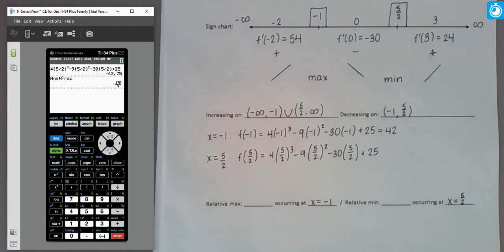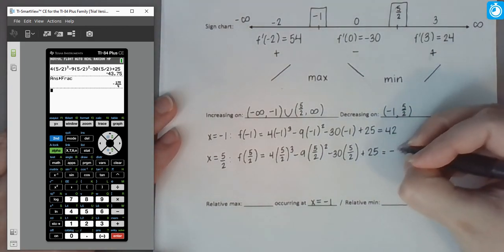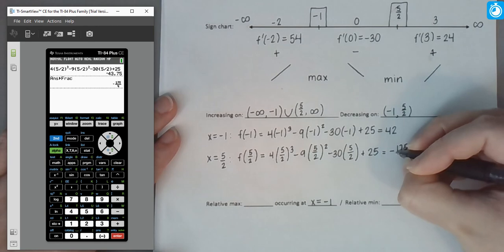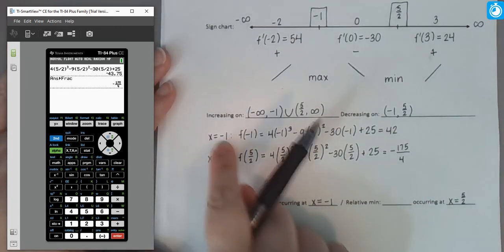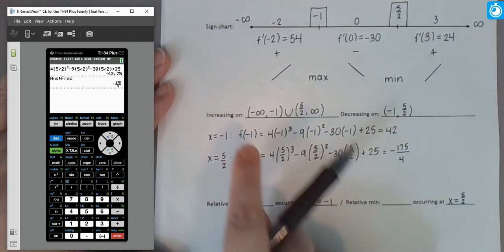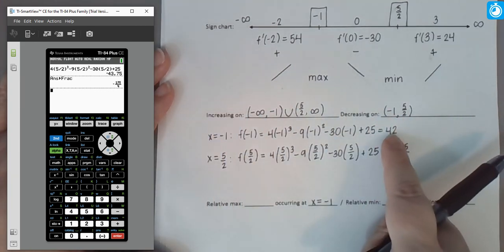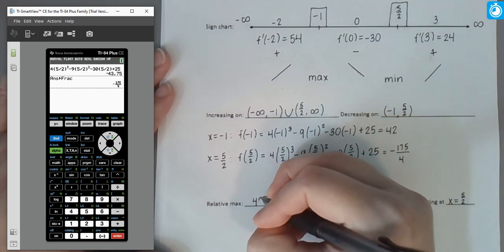And unfortunately, the table is not going to give you that improper fractional value. So in this case, actually typing in and evaluating the function that way is really going to be the only way to go to get that fractional value. So what does this tell us? Well, it tells us x equals -1, which was the location of our relative maximum, is associated with a maximum value of 42.